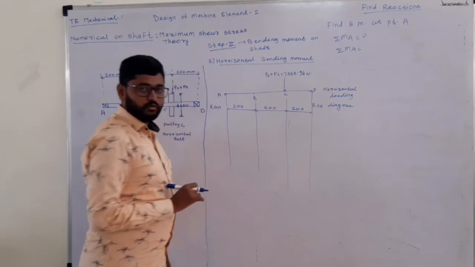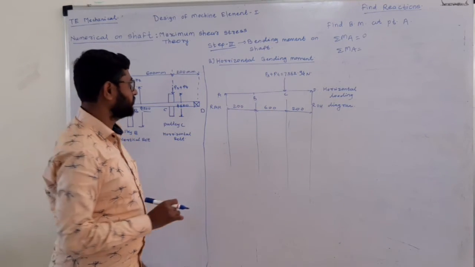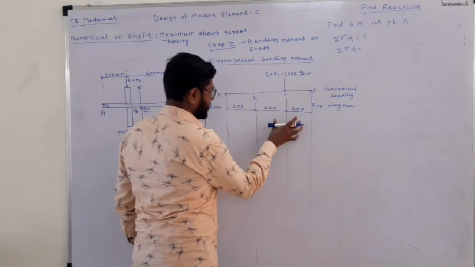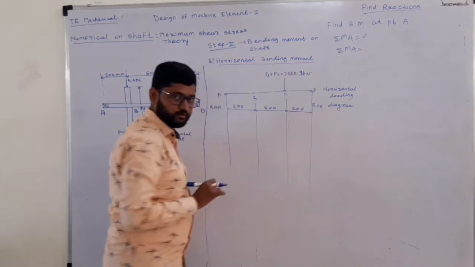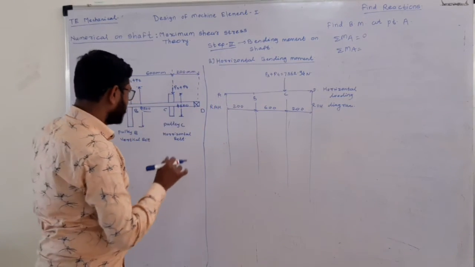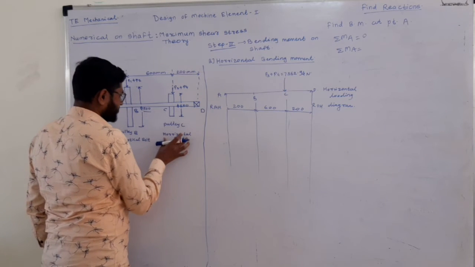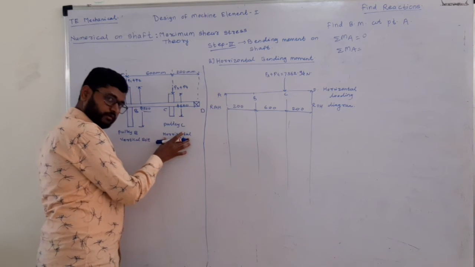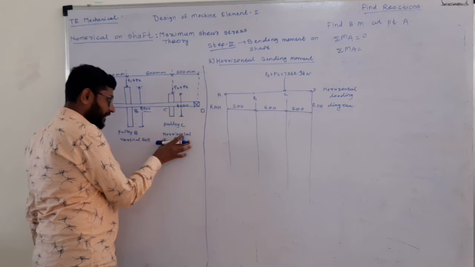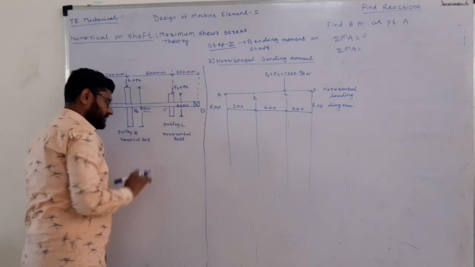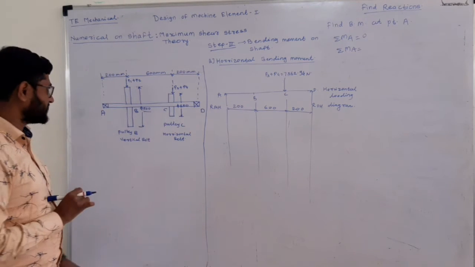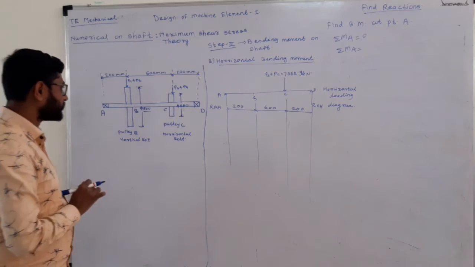Consider horizontal bending moment. So here we draw the horizontal loading diagram, because on the pulley C belt is given, and on that belt horizontal tensions or horizontal forces are acting.